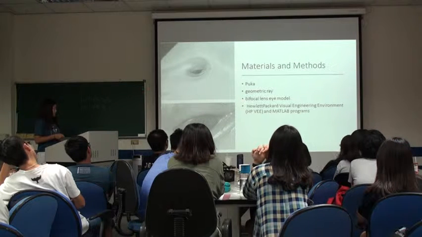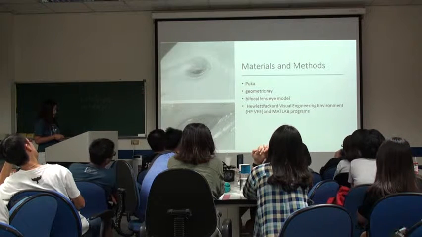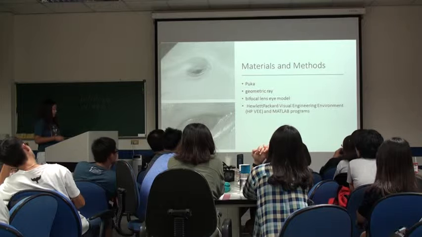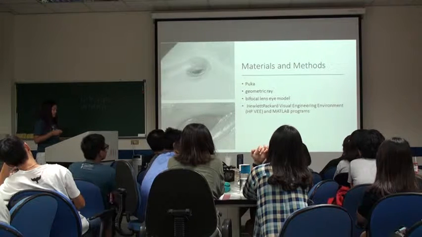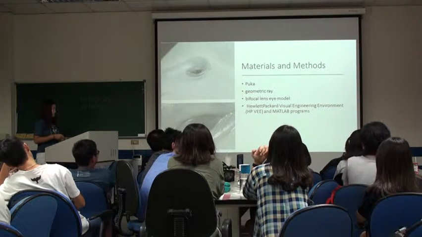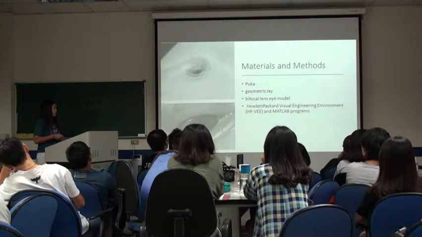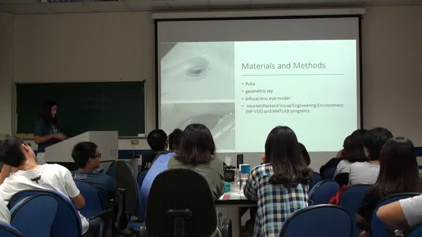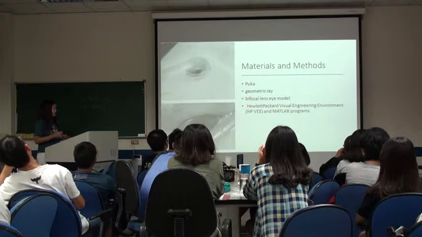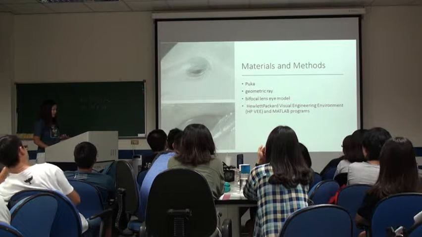we can use a bifocal computer lens eye model to do the research. And in this experiment, we are not really using a dolphin's eyes, but we will use a model like a lens eye to predict how its eyes work.